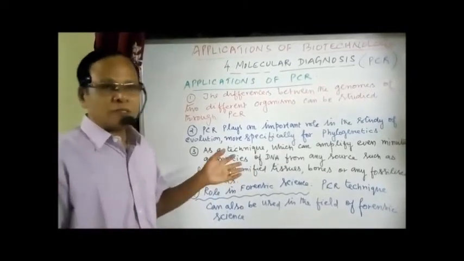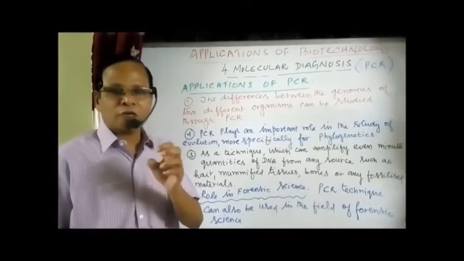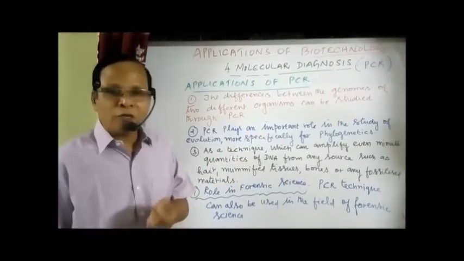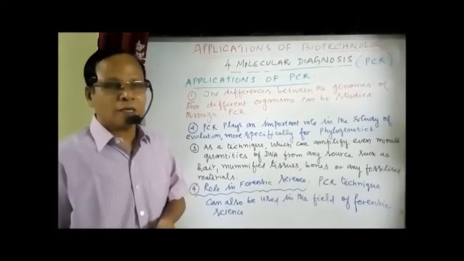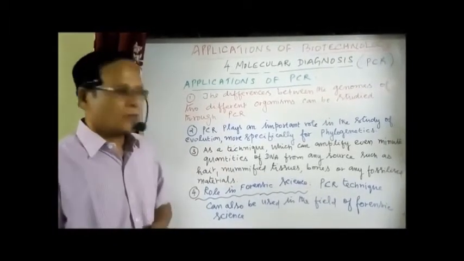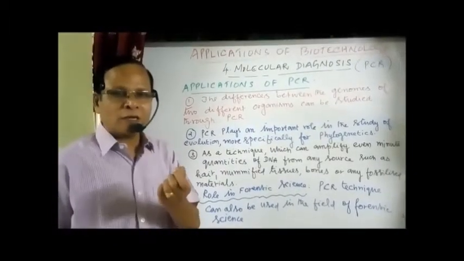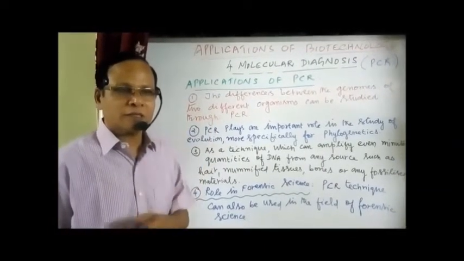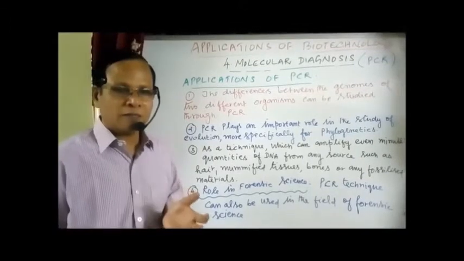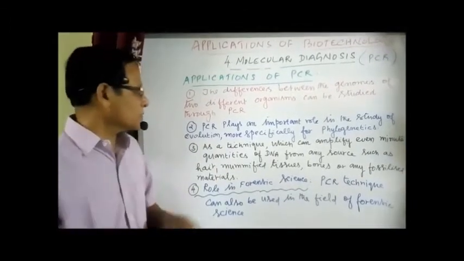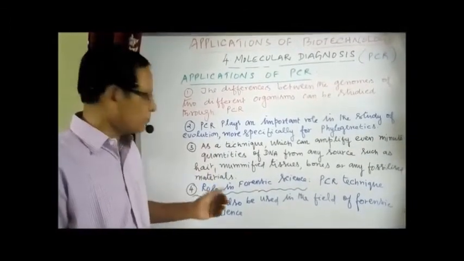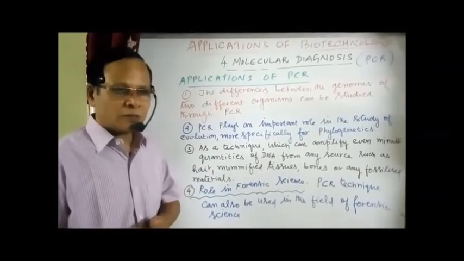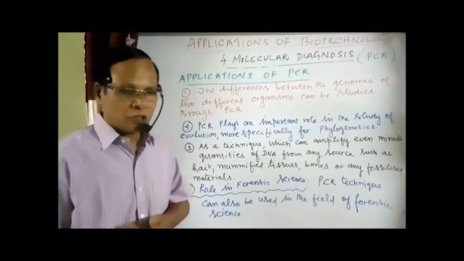Then, it is a technique used for amplification of DNA, which can amplify even minute quantities of DNA from any source. For example, one hair. But the cell must have a nucleus with the DNA. That's very important. Not dead cells without DNA. Such as hair, mummified tissues, you know the mummies we have in Egypt.